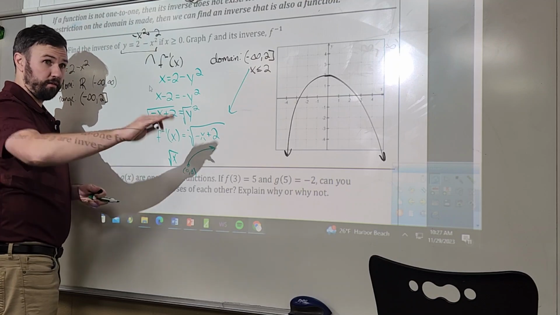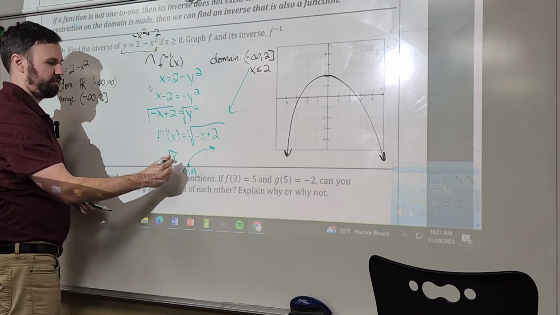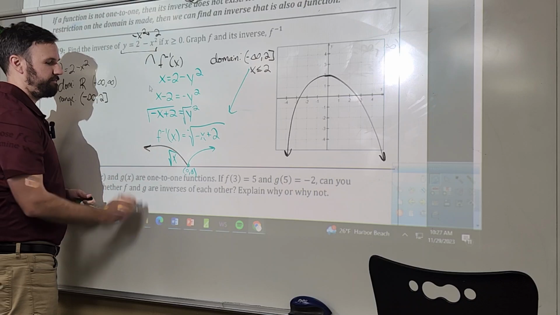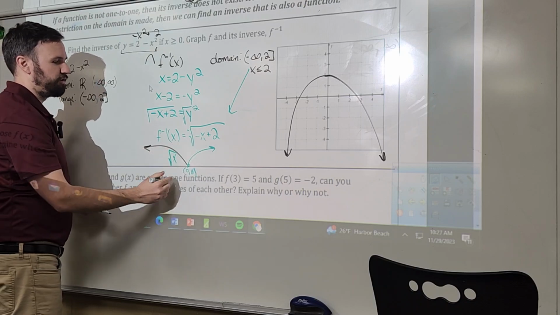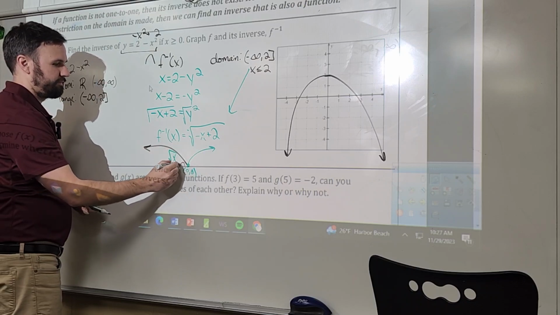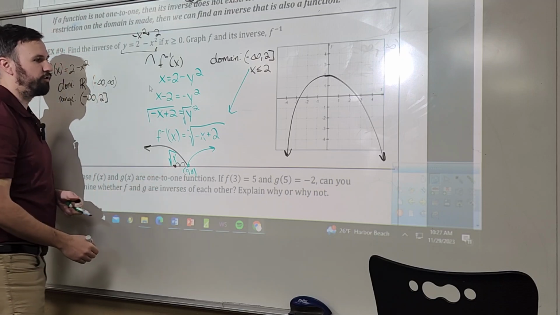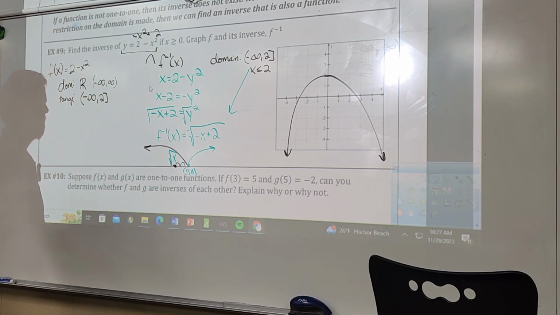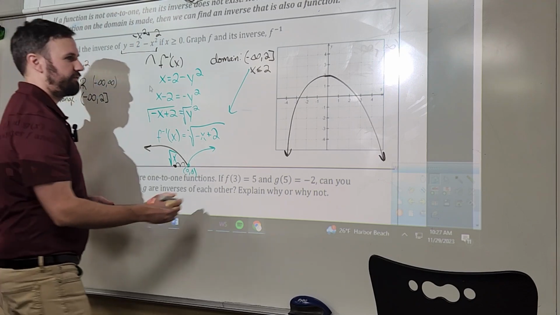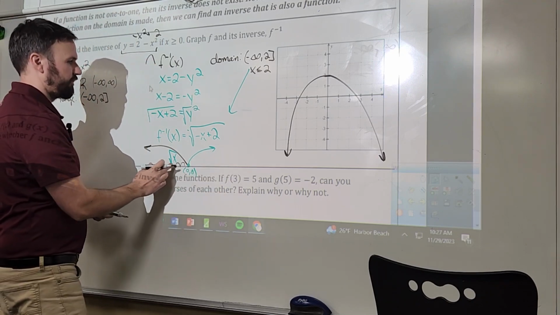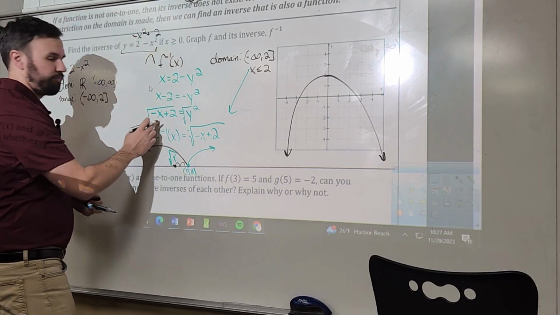Flip it this way or this way? To the left, right? What's the plus 2 going to do? Left 2, right? All right, let's do it. So I go left 2. Make sure I did it right.